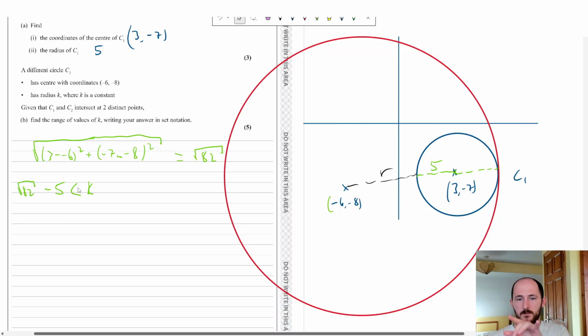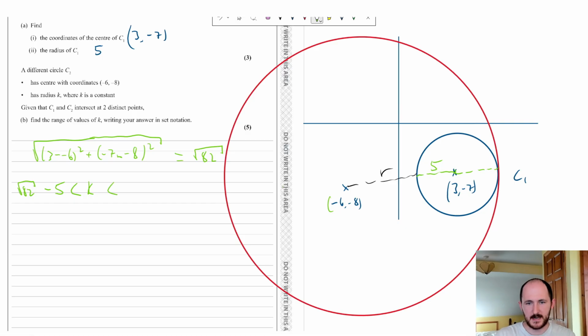So don't forget, root 82 minus 5, add 5 would give us just up to here, but we want another 5 on the other side of that as well. So it's going to be less than root 82 minus 5 plus 5 to bring us to the center of the other circle, so circle 1, plus another 5 to bring us to the edge of the other circle.